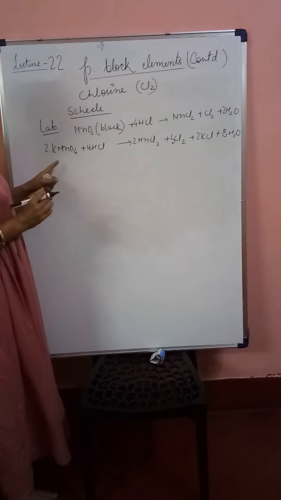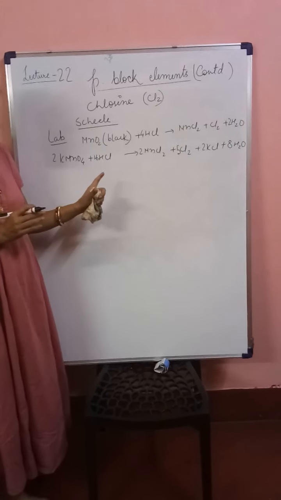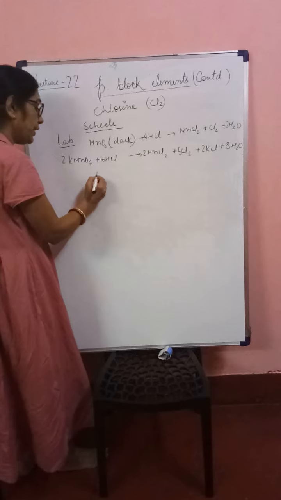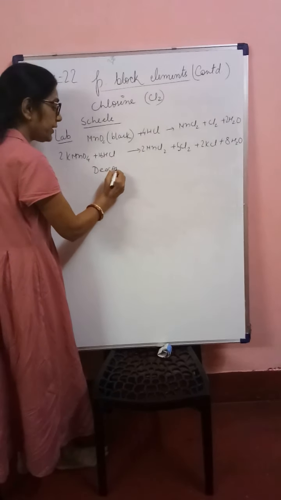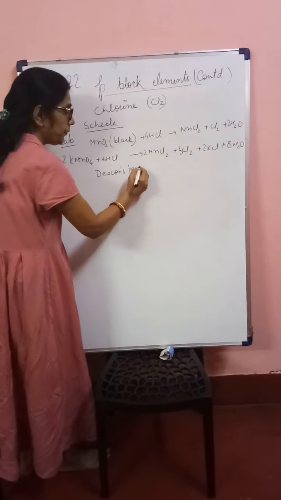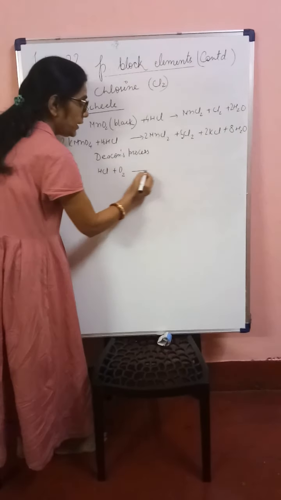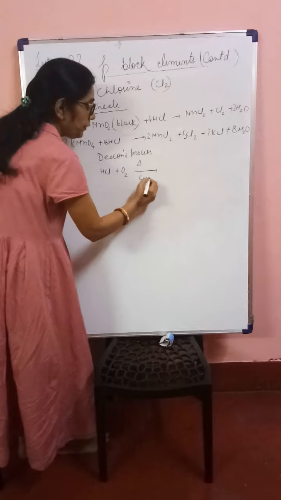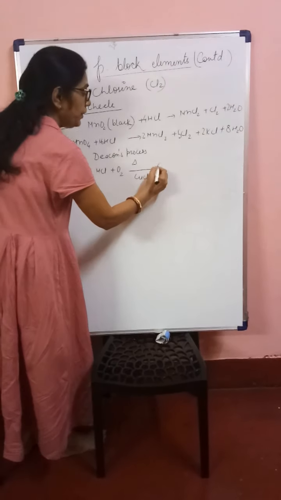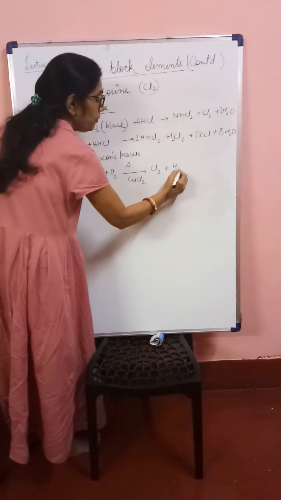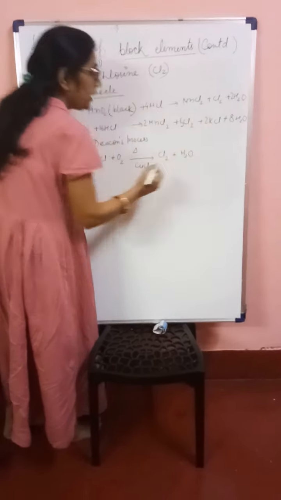Okay, and so many preparations are there. One commercial method of preparation is also known as Deacon's process. When HCl is treated with oxygen, upon heating with copper chloride, then we get Cl2 plus H2O.